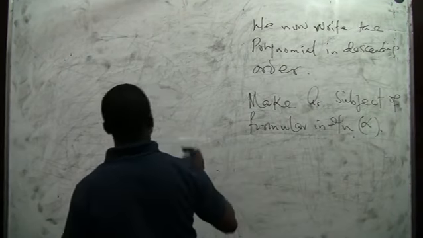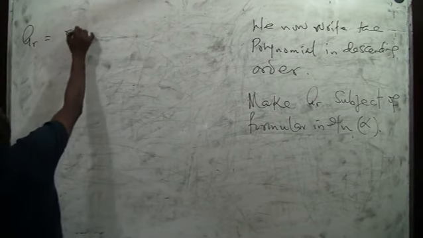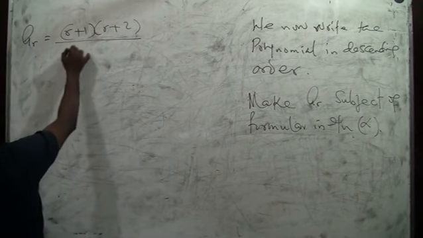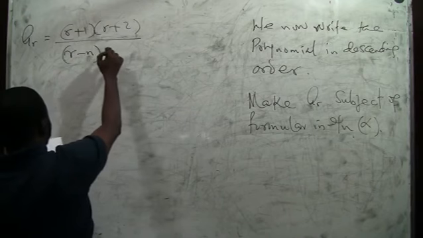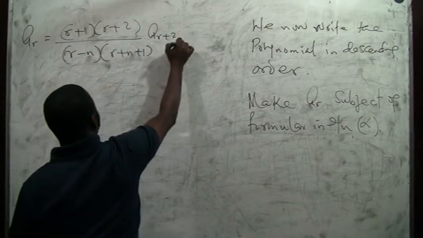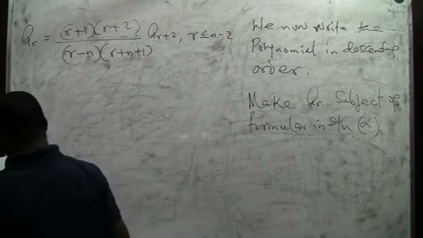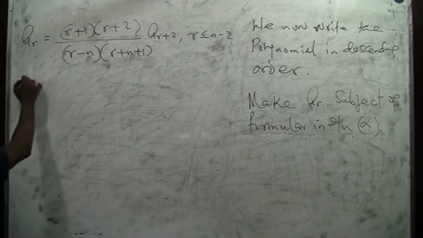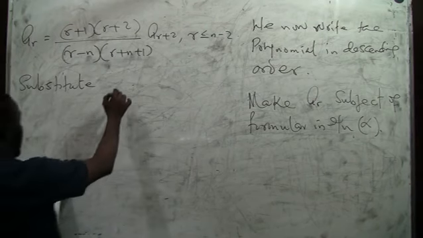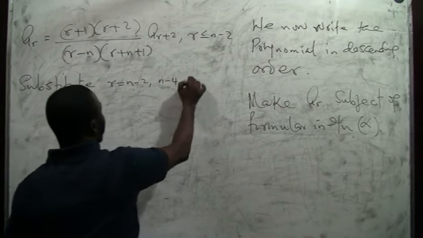Then what do we have? We are going to have a_r equals (r plus 1)(r plus 2) all divided by (r minus n)(r plus n plus 1), a_{r plus 2}. In this case, r is less than or equal to n minus 2. Now, substitute r equals n minus 2, n minus 4, n minus 6.